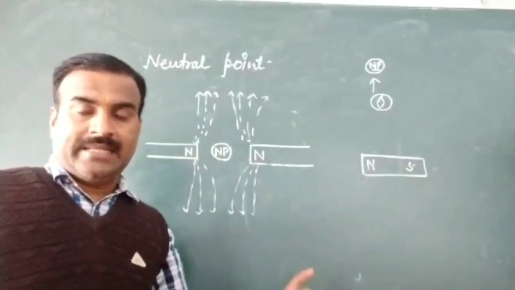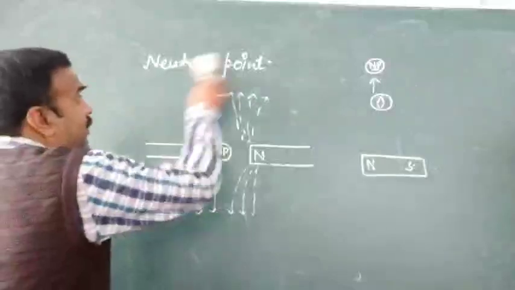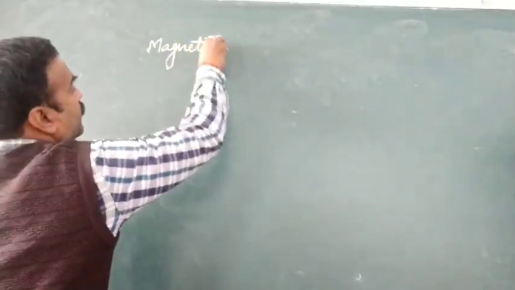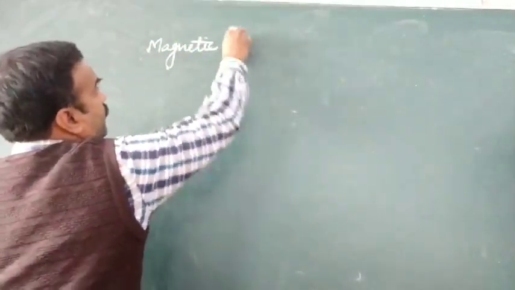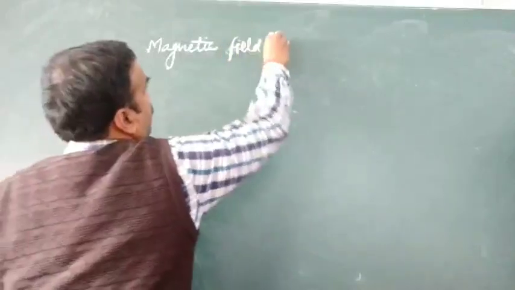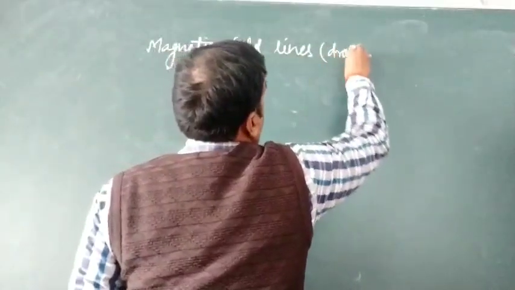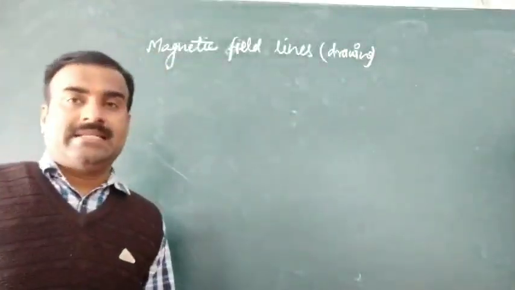Clear? Okay, now how can we draw the magnetic field lines?